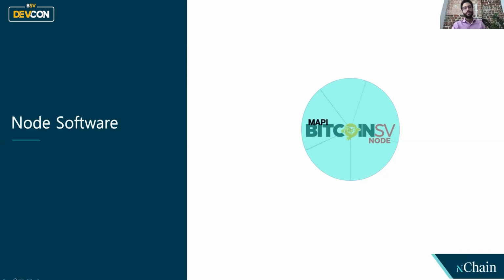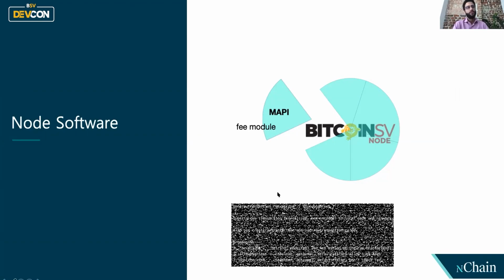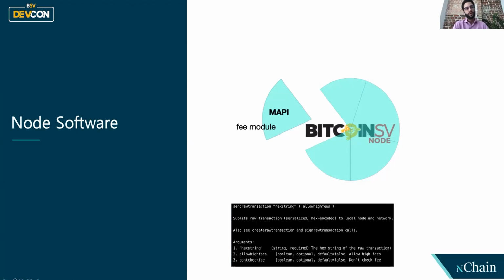And Mappy is the first step towards compartmentalizing the node, because it takes out the fee module of the node, and instead of submitting your transaction to the node directly, you would go through Mappy, which is the fee module that calculates the fee, and through this extension to the sendrawtransaction RPC call, where you can send a transaction to a node without checking the fee, it makes this fee module able to be a component outside of the node.